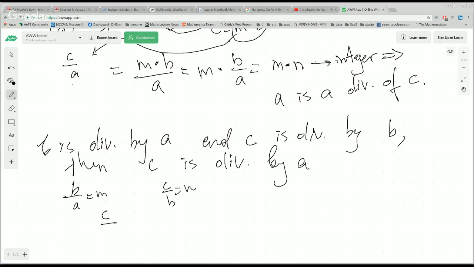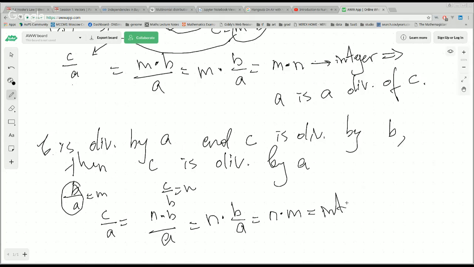Why would this imply that C is divisible by A? Because now C over A can be rewritten, and we do the same thing here, right? We move the B over, we get n times B, and we put it in place of C. We get n times B over A, but notice this, B over A is an integer. So I separate this, n times B over A. B over A was my integer m, and I get integer times an integer, which is an integer, and I'm done. So the statement is the same thing.